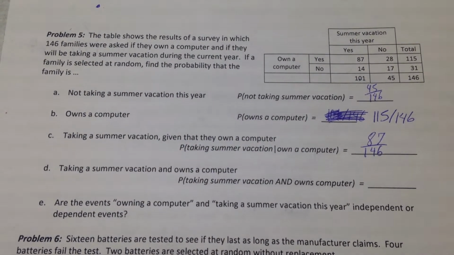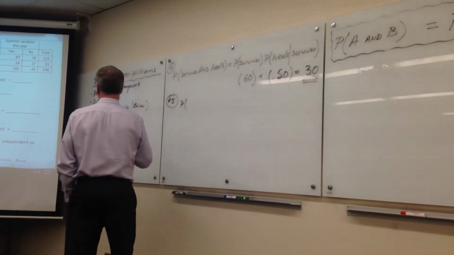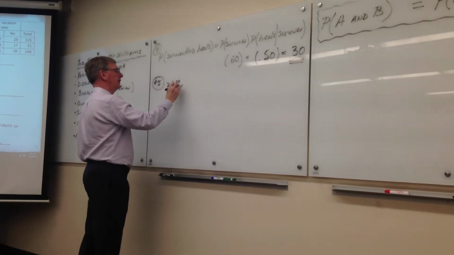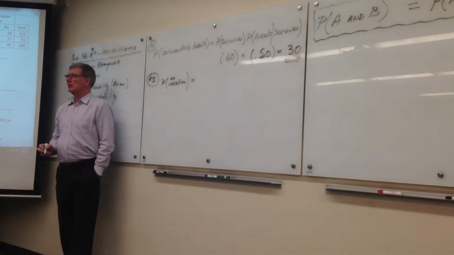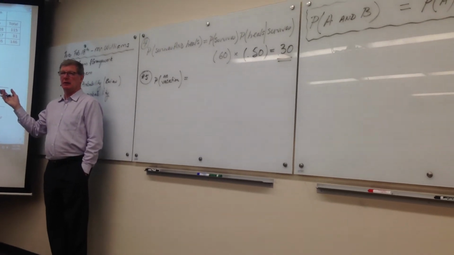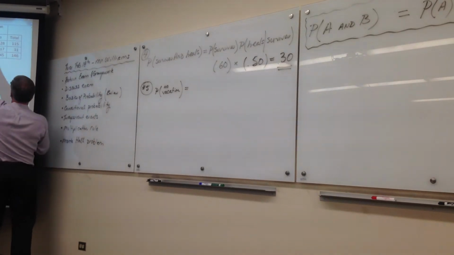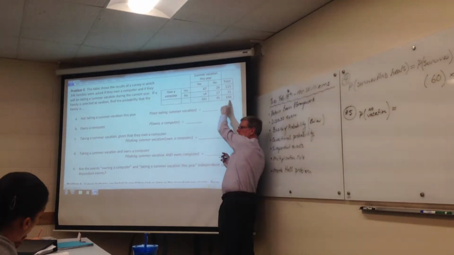What's the probability of not taking a vacation? So let's say no vacation. I select a family at random and they're not taking a vacation. What's that probability? So no vacation, 45 out of 146?